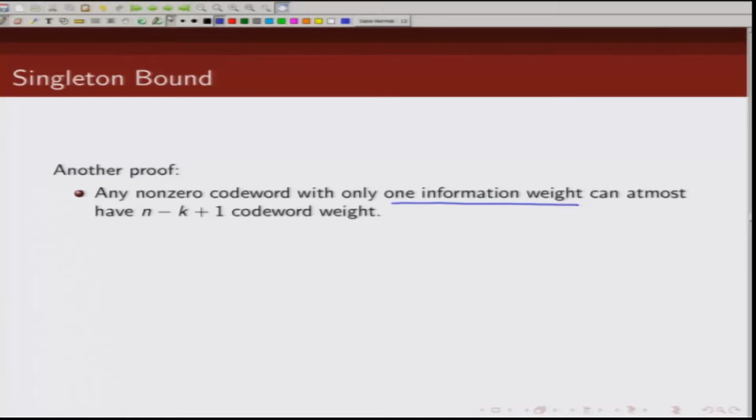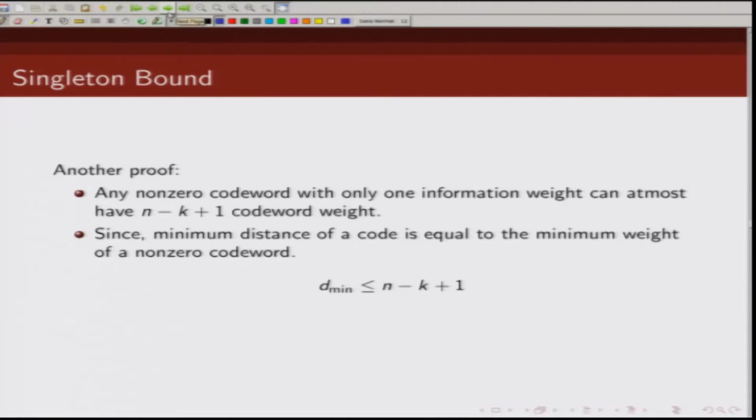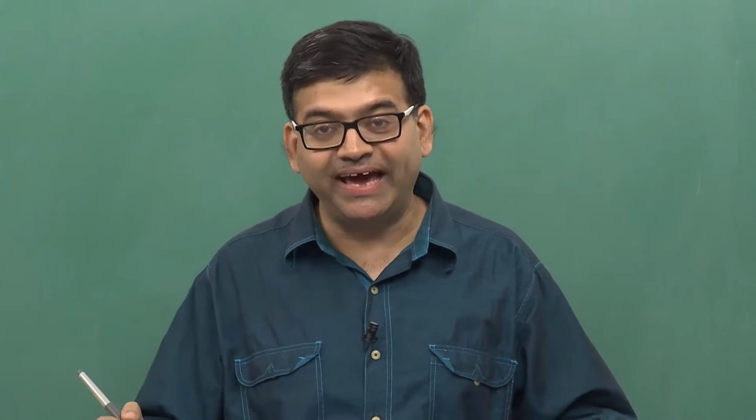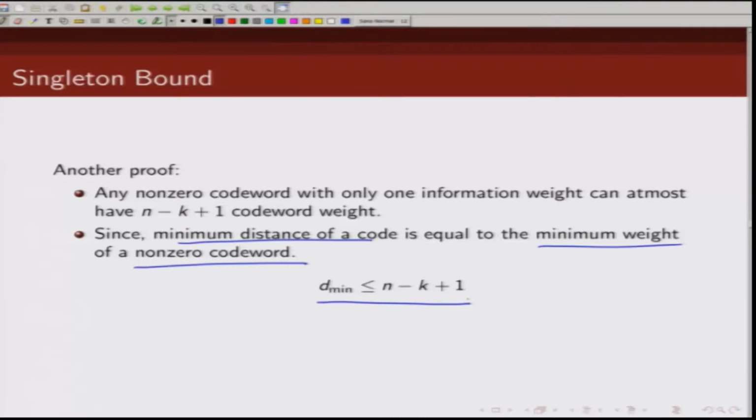So, we cannot have weight more than that. And since the minimum distance of a code is equal to the minimum weight of a non-zero code word, if you feed in a non-zero information sequence, the maximum output weight that you can get is n minus k plus 1, and hence the minimum distance of the code cannot be more than n minus k plus 1.